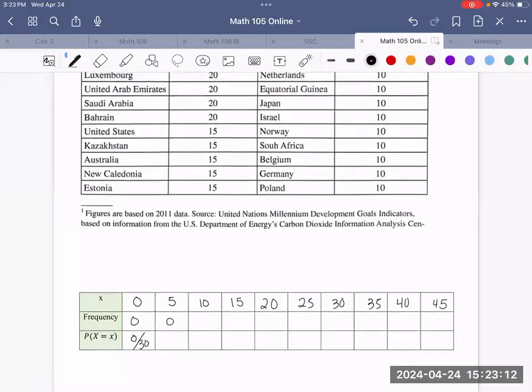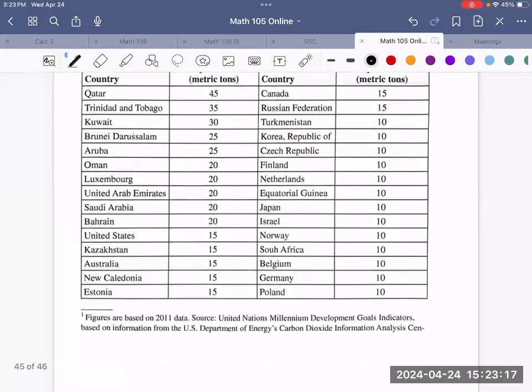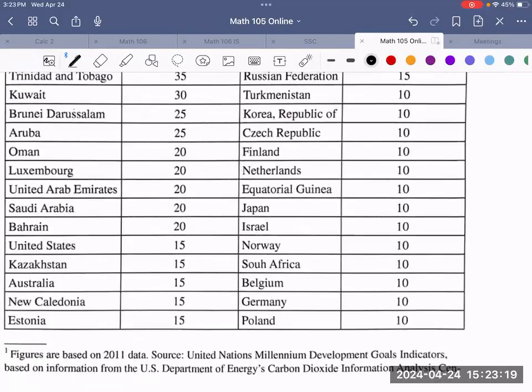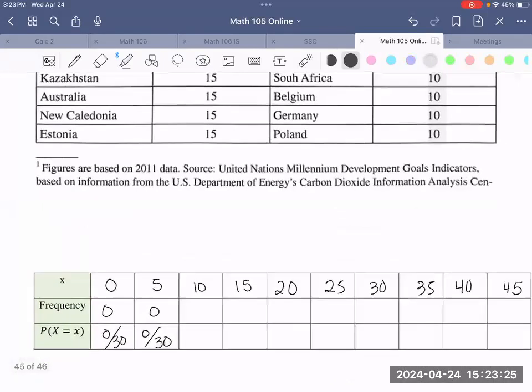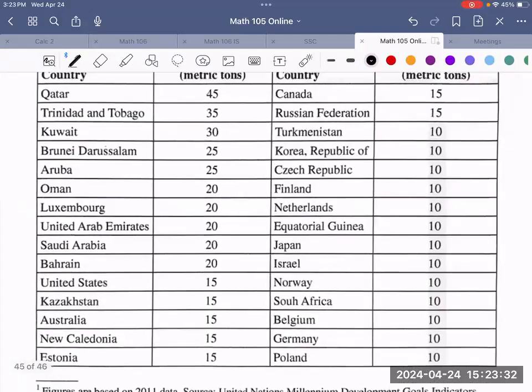And again, same thing for 5, 0 out of 30. Now 10, we're going to count how many 10s we have. In our case, here we have 13 10s. 13 out of 30.